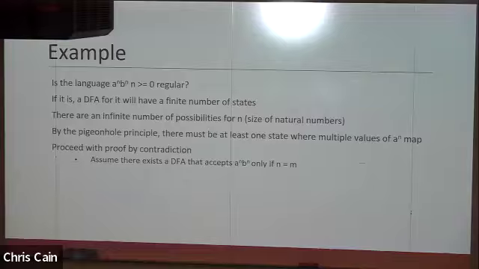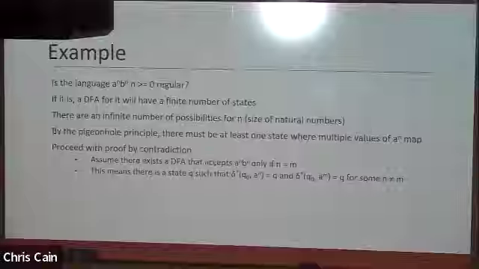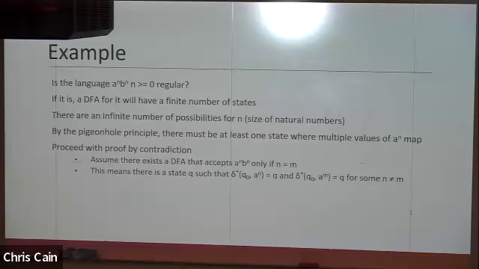But if it were possible, then we would have a value for m. By the pigeonhole principle, that tells us there is some state in Q such that the transition from the starting state through a to the n and a to the m is that same state.